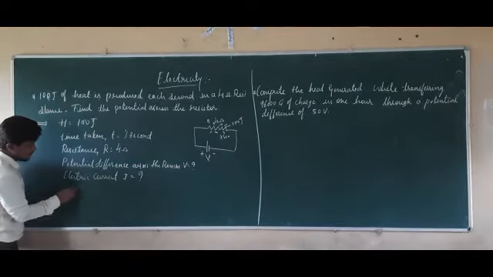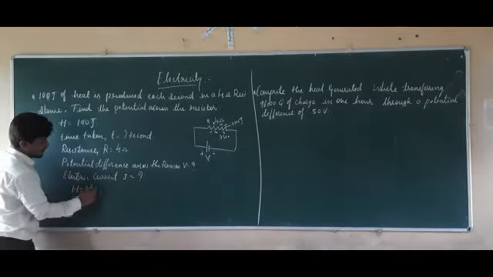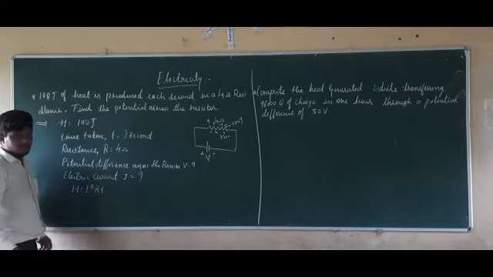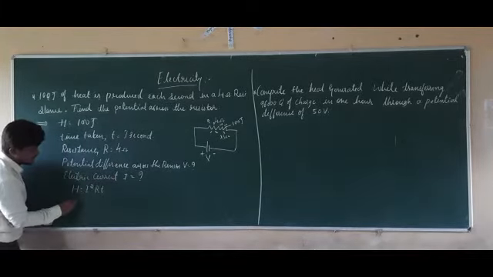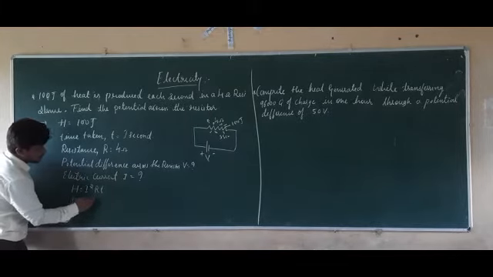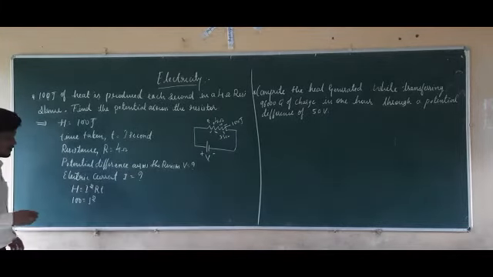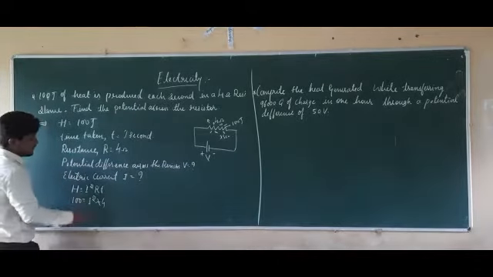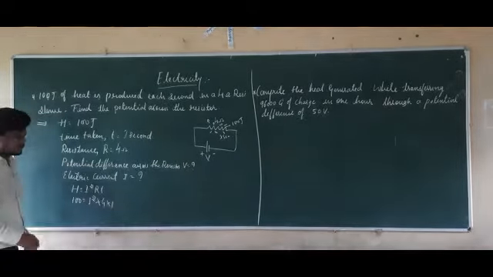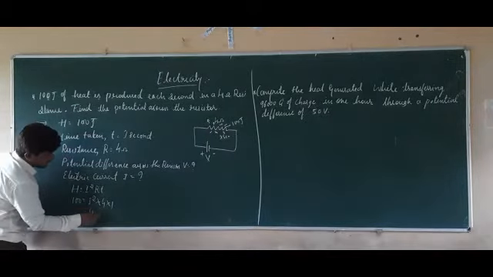We have the formula H equal to I square R into T. That is nothing but Joule's law of heating. H is given as 100. I we don't know, so we are going to calculate I square. The value of R is 4 and the value of T is 1, so it becomes 4I square.